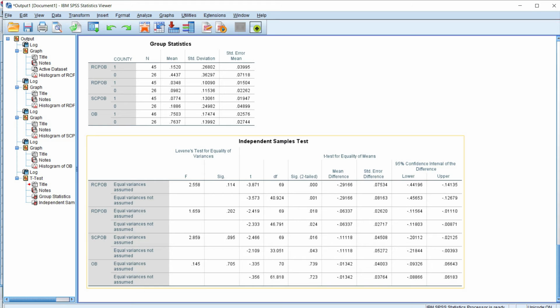Also, you can look over here to the right, and here are confidence intervals, and the confidence interval here, lower and upper, doesn't subsume 0. So two different ways we can prove statistical significance. With respect to resident cases per occupied bed, we're going to conclude that there is a significant difference between Philadelphia and Pittsburgh, and basically Philadelphia is a lot higher.